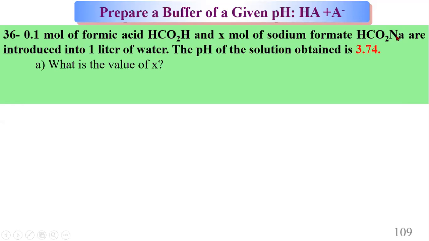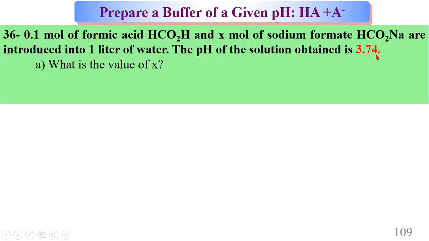Just remove the salt, Na, or the cation, and it becomes the A-. So here, what type of question is this? I have the acid and they're asking how much conjugate base I should add to a 1 liter solution of water to get a pH equal to 3.74.